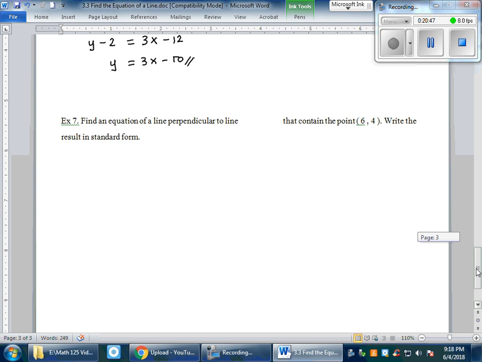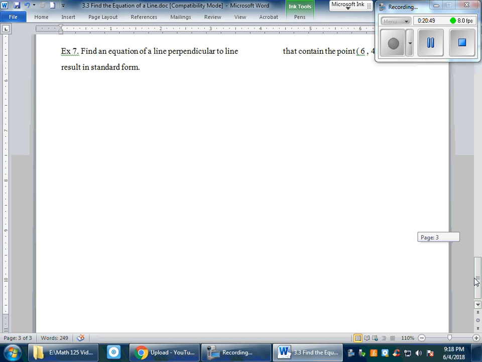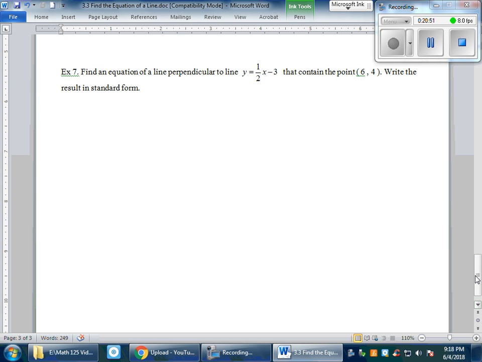Next example, which is the last one. We want to find the equation of the line perpendicular to another line, which is given by the equation y equal to 1/2 x minus 3, that contains the point (6, 4). So we are interested in finding the equation of a line. That's my line 1, the equation that we're looking for.